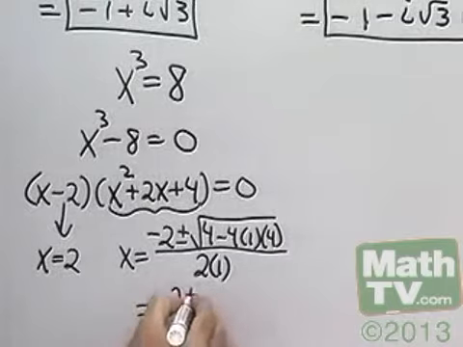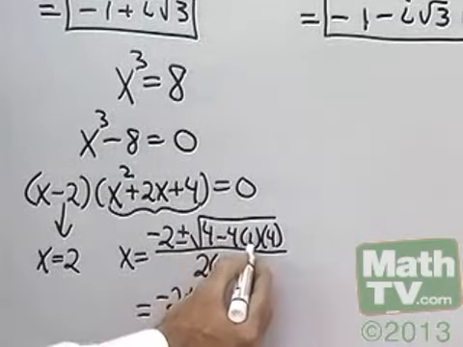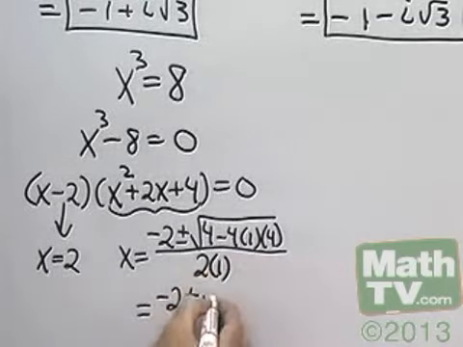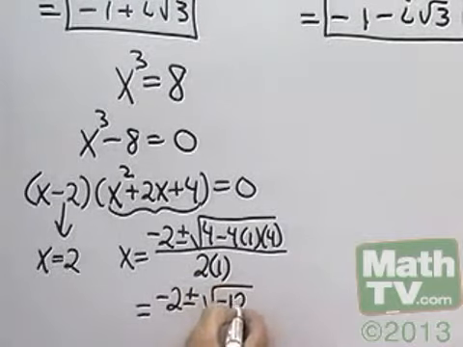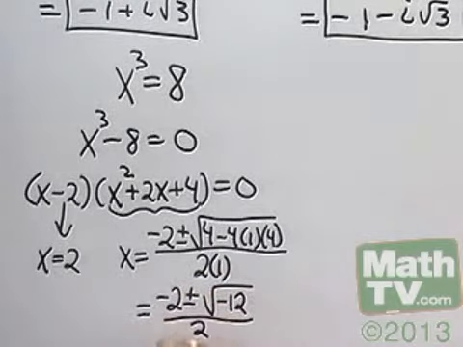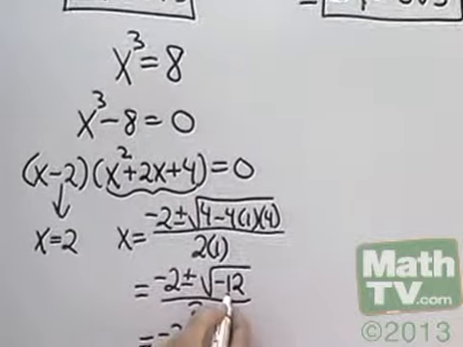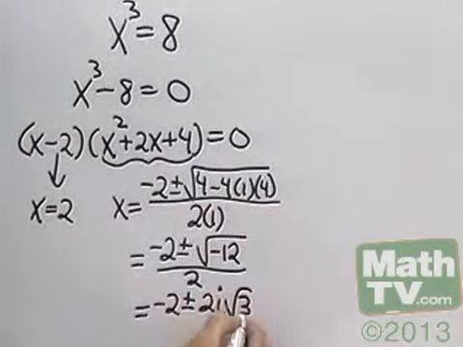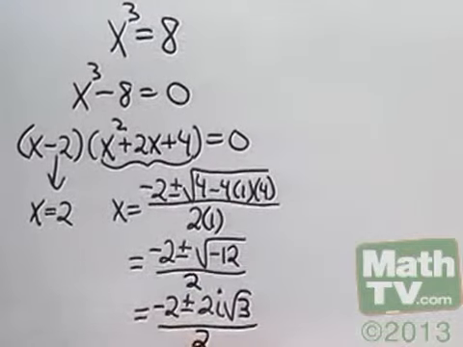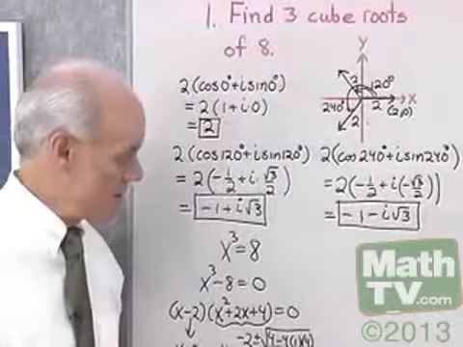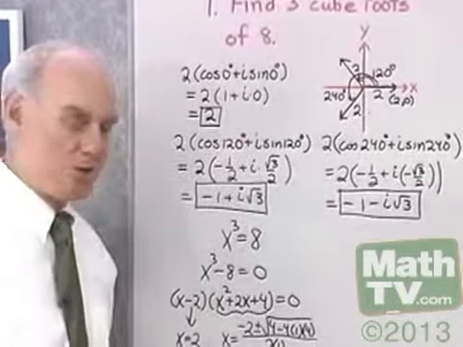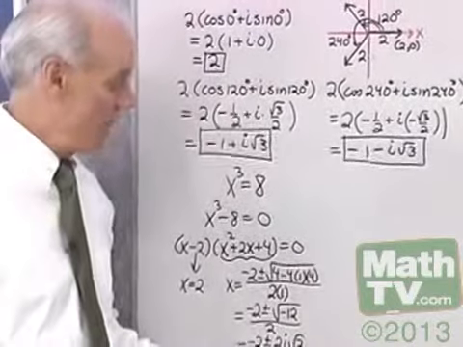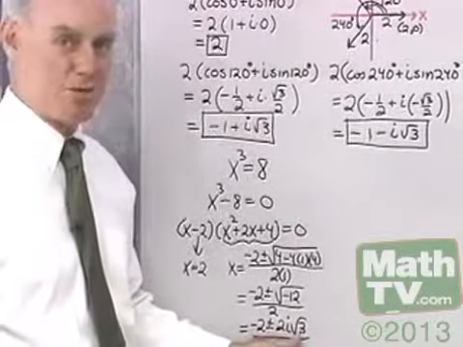Negative 2 plus or minus the square root of 4 minus 16, square root of negative 12, all divided by 2. So I have negative 2 plus or minus, when I simplify square root of negative 12, I get 2i square root 3, all divided by 2. Now, notice when I take this last expression right here and divide the numerator and denominator by 2, I'll have negative 1 plus or minus i square root 3.